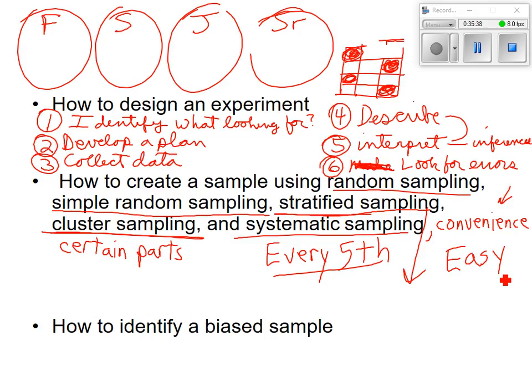Is this the last one? I think it was, I'm not sure. How to identify a biased sample? What does bias mean? It's unfair. It's messed up, right? Something's wrong with the sample to make it so it's not really true. Like the school where the people work at GM.